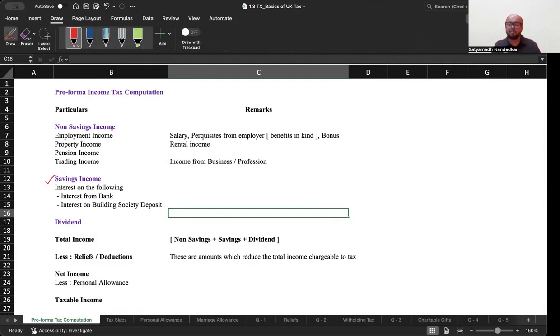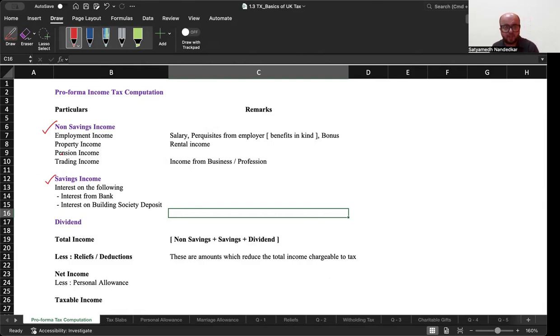The second category is non-savings income, which is earned by putting yourself to work every day. That includes employment income, where an individual is working as someone's employee and getting a salary. As I told you, if he has a property which he has given on rent to someone, that rental income is his property income, followed by pension income.